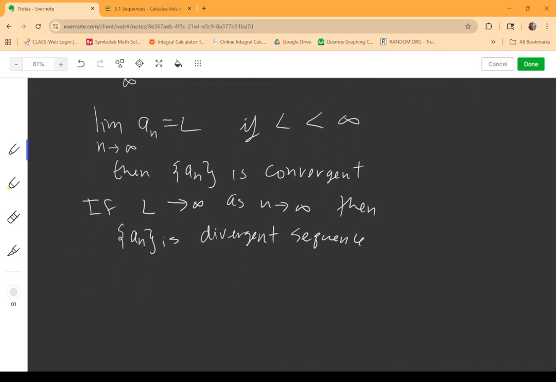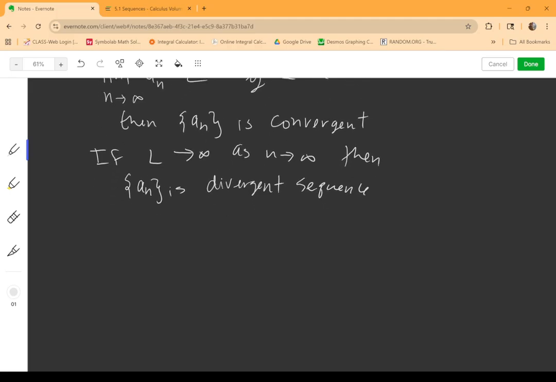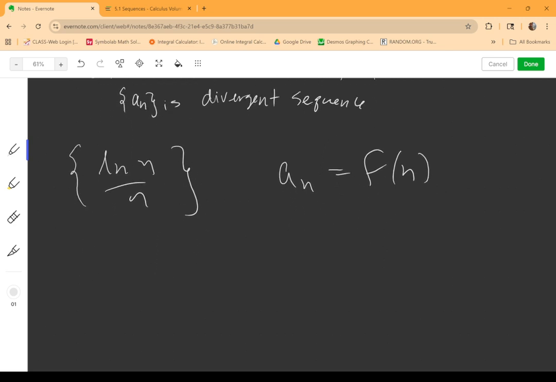Okay, now as we have seen here, we use techniques that we use with functions, and we can define this idea that, for example, the limit of ln of n over n, we think of the sequence being some function defined across just our integers, right? So the corresponding function would be f of x equals ln of x.